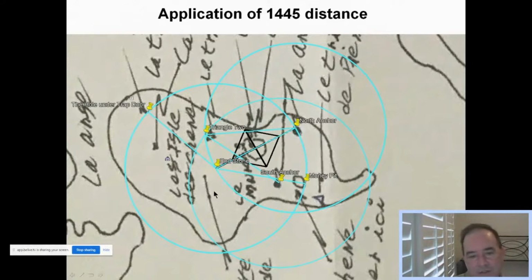And if you notice, these are all equal distance to landmarks on the island. What is mainly being presented here is that it goes through the money pit, and it's also giving you a confirmation of triangle 2. Triangle 2 is very essential to opening up the west side of the island, as you'll see in a bit.